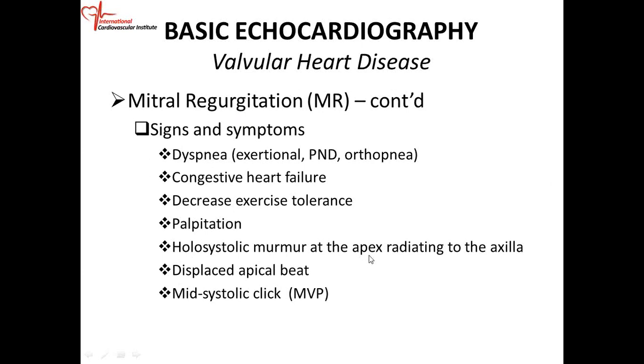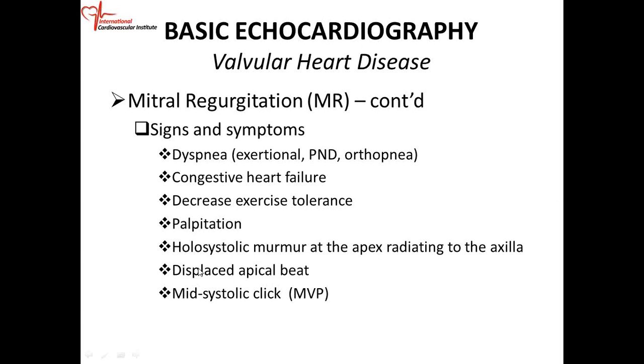It increases with expiration. Remember, all left-sided murmurs are going to increase with expiration, and it's going to radiate to the axilla. So if you hear this murmur and the location is such that it's at the apex, radiating to the axilla, it's almost always mitral regurgitation.